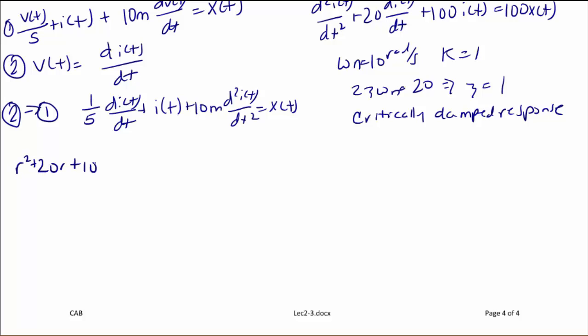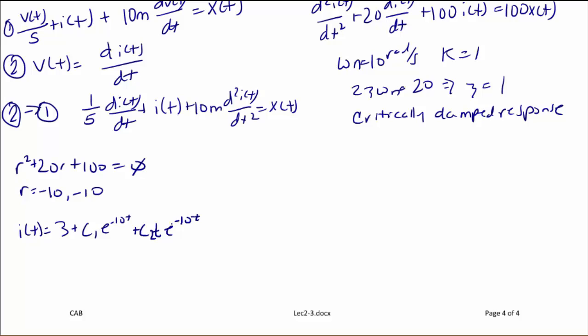Polynomial r squared plus 20r plus 100 equals 0, and we get that we have repeated real roots of -10, which also indicates that we have a critically damped response. The form for a critically damped response is I of t is equal to Ka, where k is equal to 1 and a is equal to 3, plus C1 e to the -10t plus C2 t e to the -10t.